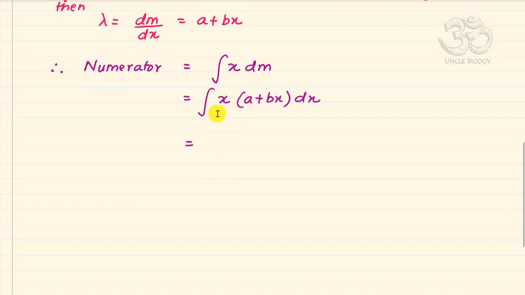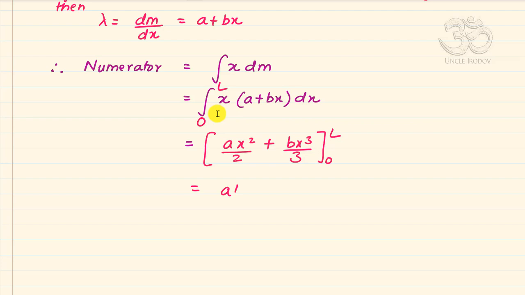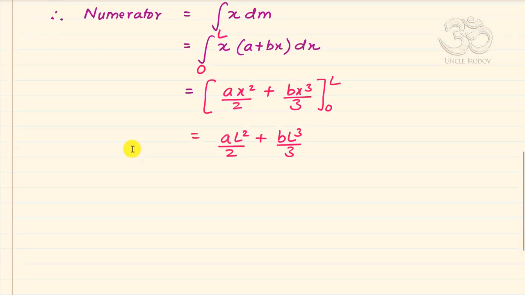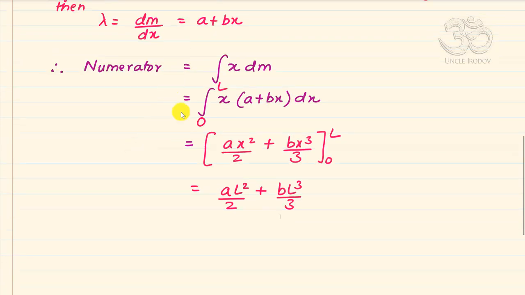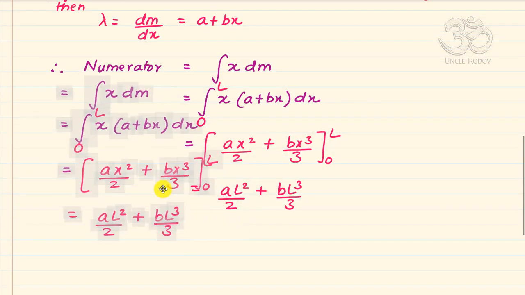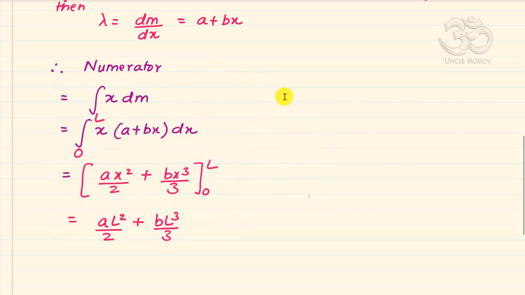and I will insert the limits here, 0 to capital L, and my integration will give me ax square by 2 plus bx cube by 3 going from 0 to L, which will be aL square by 2 plus bL cube by 3. This is the numerator. And what about the denominator? So when I try to find out the denominator, let me do it here itself on the right hand side.